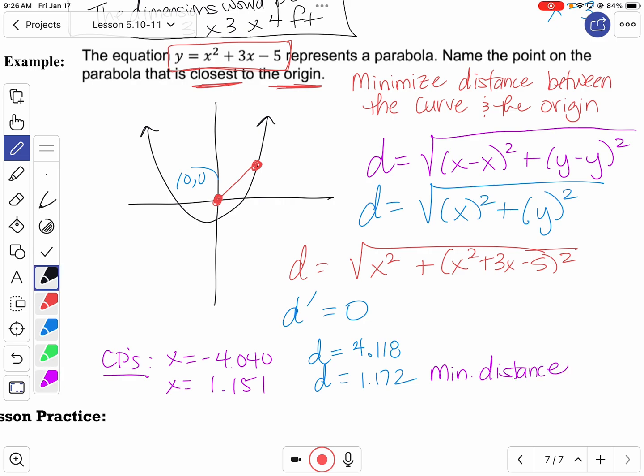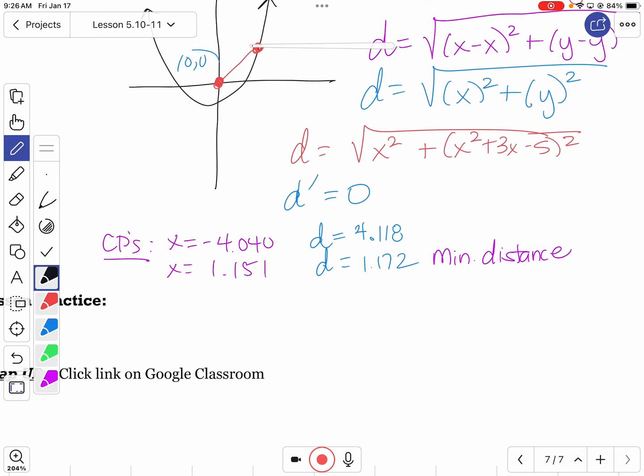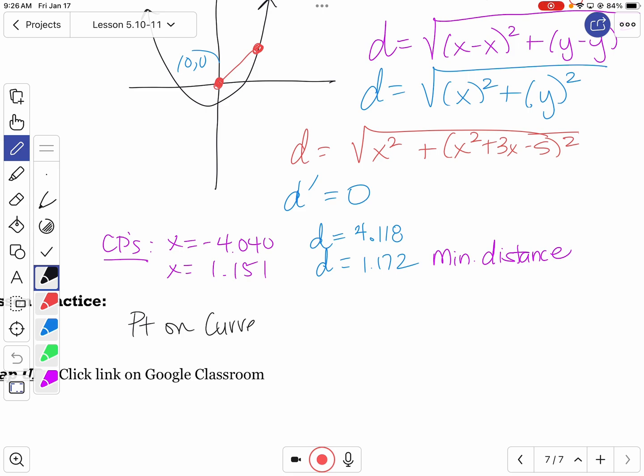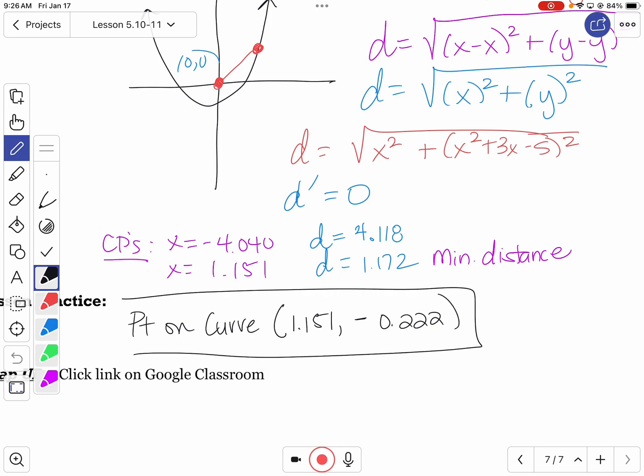Okay. Then, right, it asked me for the ordered pair on the curve. So the point on the curve was this. It was 1.151, and its y value was negative 0.222. Okay, so that just went back into that original parabola.